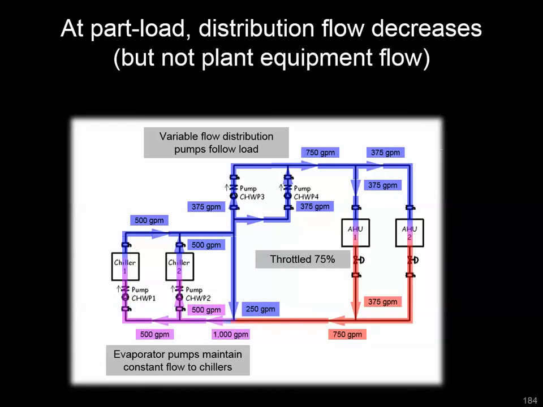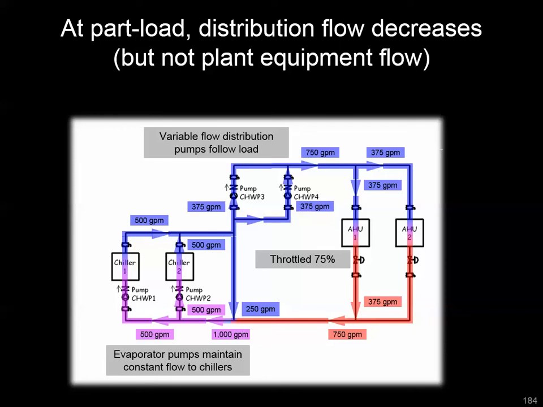But things get to be a little more interesting at part load. Here, we might have the control valves at the load side throttled, in this case 75%. So you're outside of your design conditions, which in most buildings is going to be most of the time. And here the distribution pumps are able to turn down, able to provide less flow to meet the reduced load at the coils.